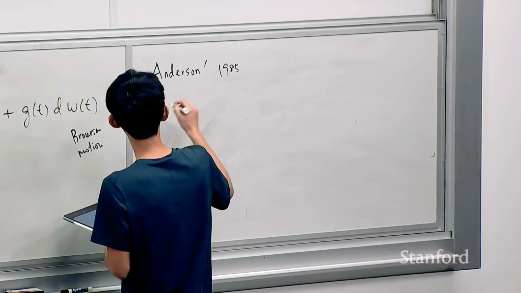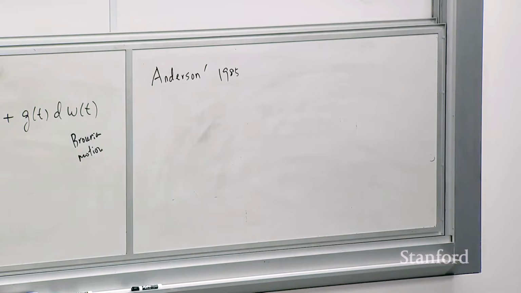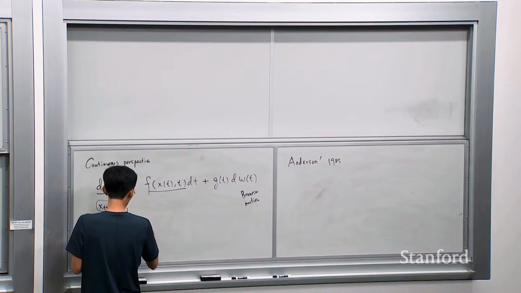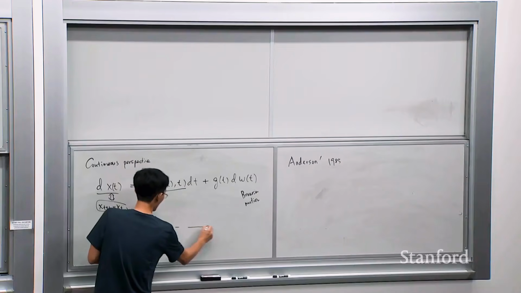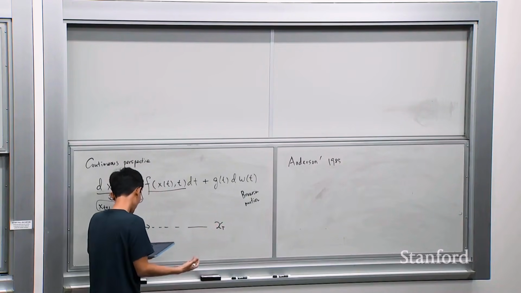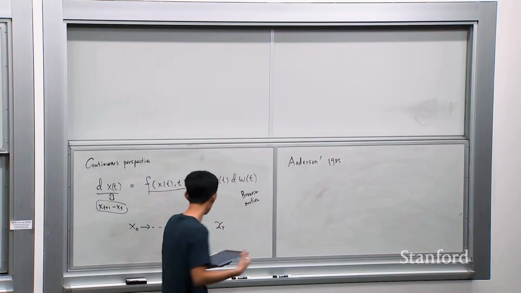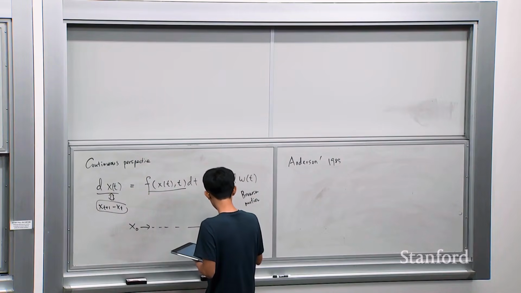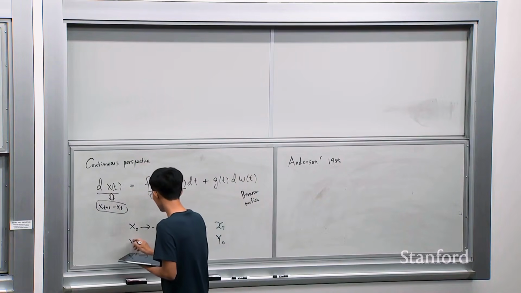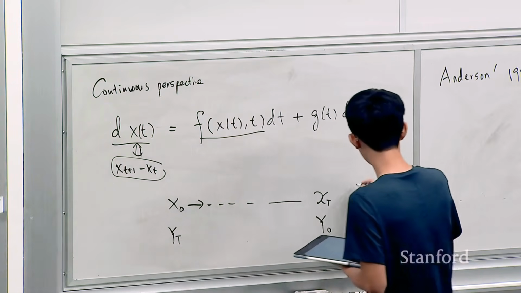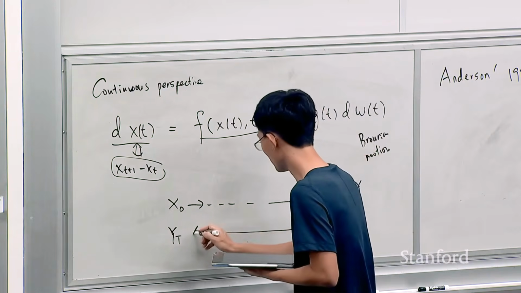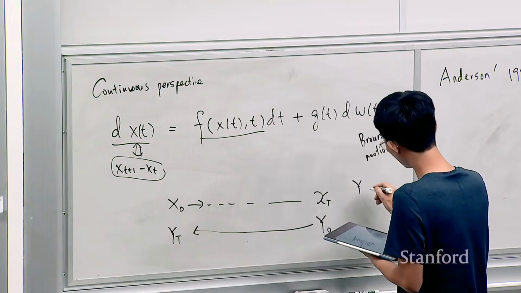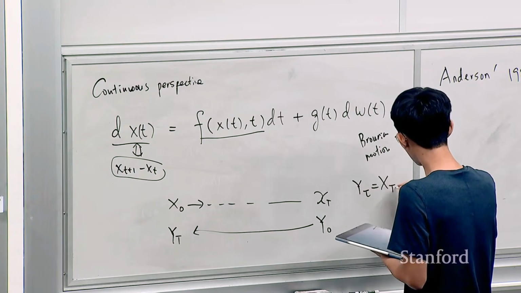So basically, suppose you have a forward process, x_0 and so on up to x_T, and then you can define a reverse process, let's call this y_0, and this is y_T. So y_tau equals x_{T minus tau}.